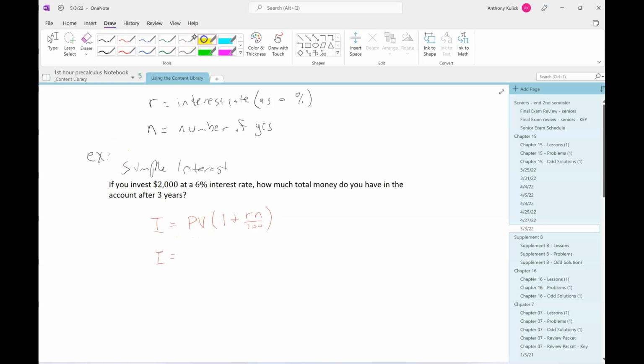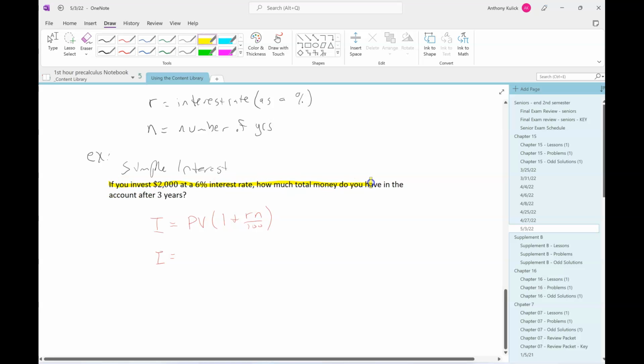Well, it's just this question right here, right? The PV is the present value, 2,000, the initial investment or loan. The R is our interest rate, so that's 6. And N is the number of years, 3.